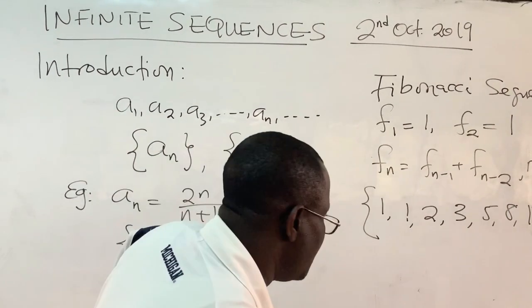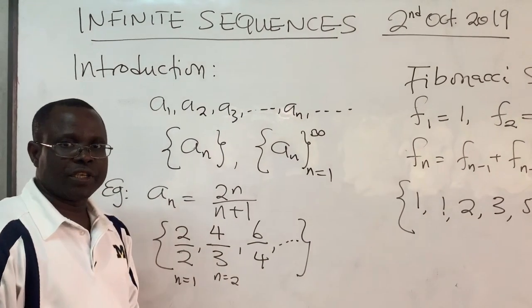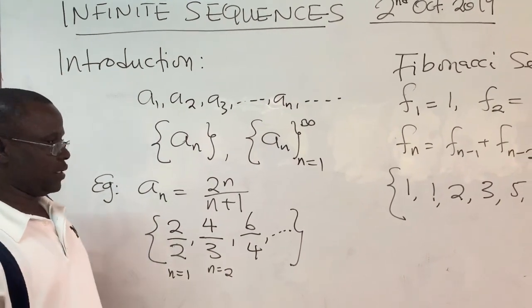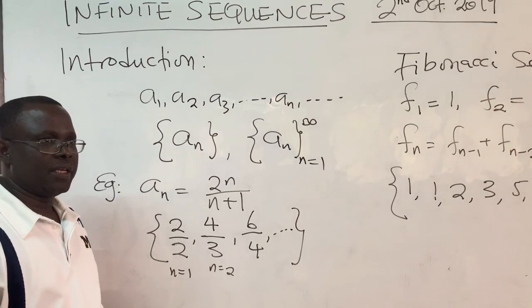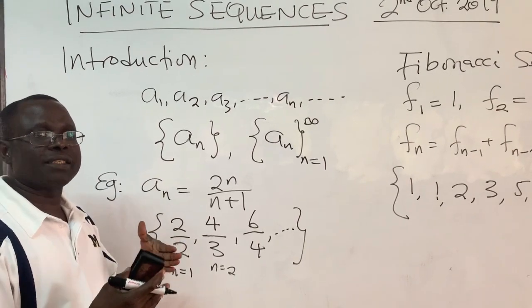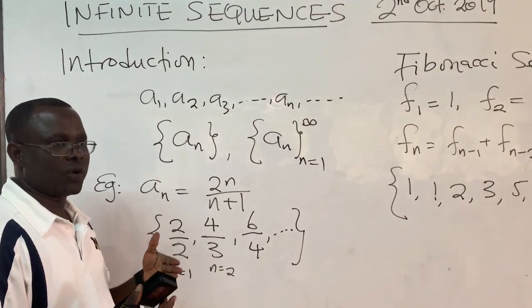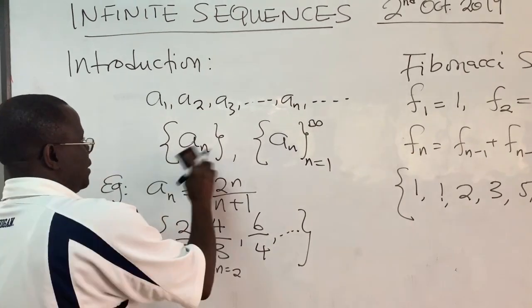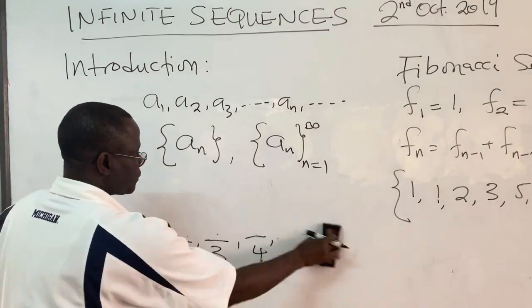Good. Now, an important point about sequences is you want to know whether the sequence is converging, approaching a certain number, and that is called the limit of the sequence. Let's talk a bit about that.